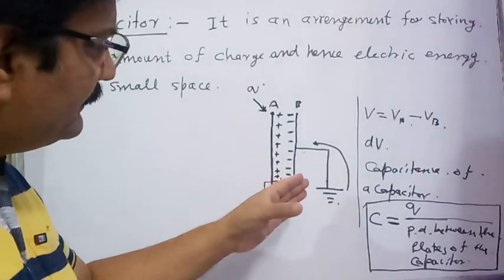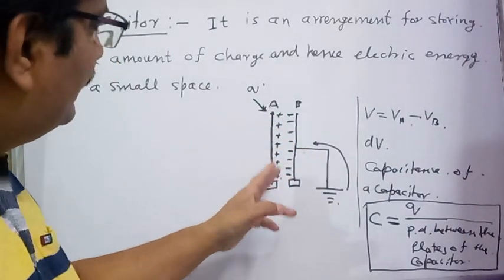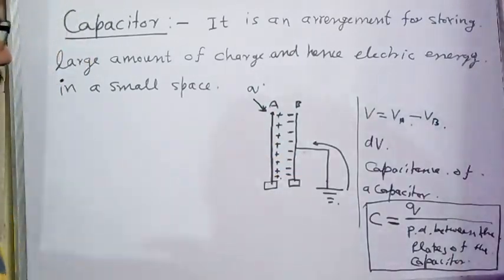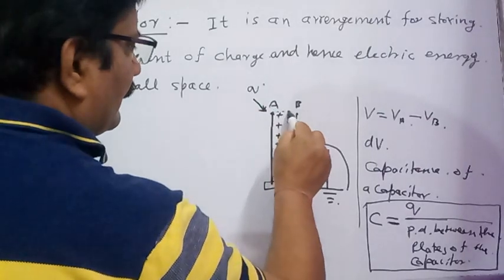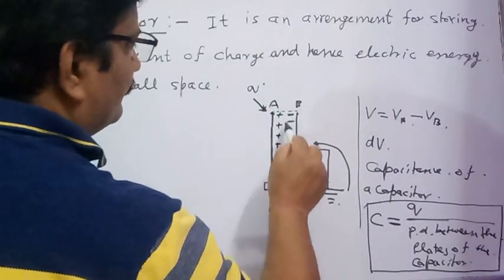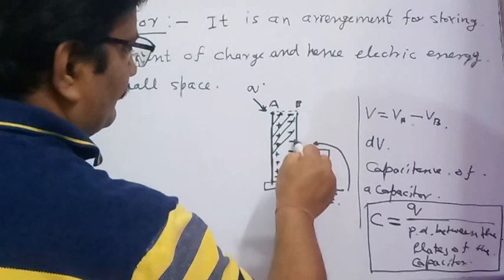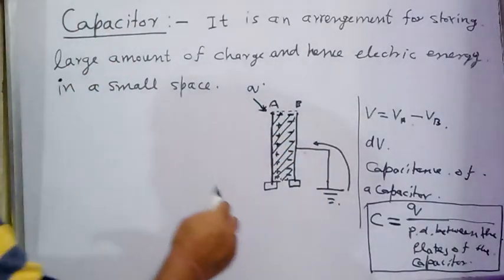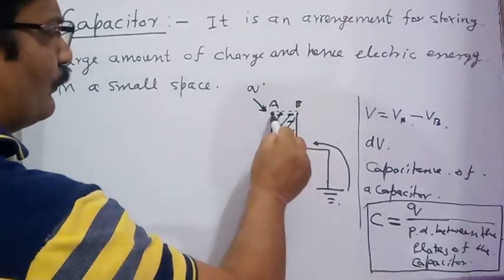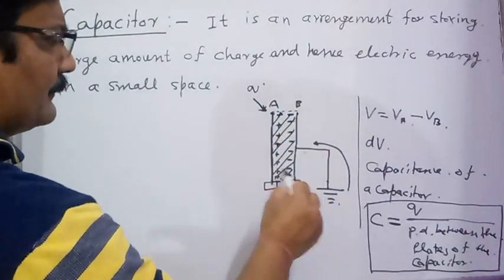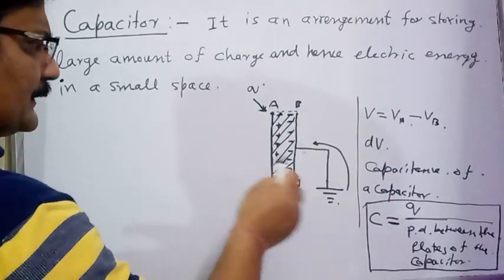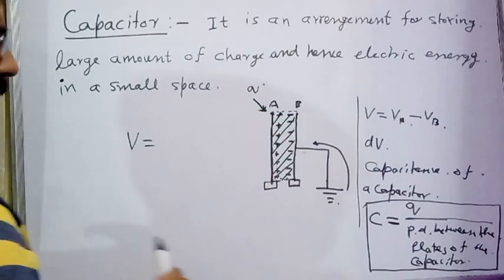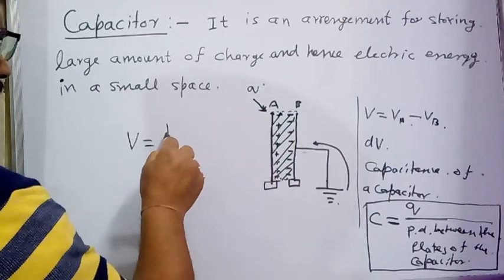What can be other ways to decrease the potential on the surface of the first conductor further? If we introduce a dielectric medium in this space, as we know, if a dielectric medium of dielectric constant K is introduced between the plates, what is going to be the potential on the surface of conductor A? How does the presence of a dielectric medium affect the potential on the surface of any conductor?